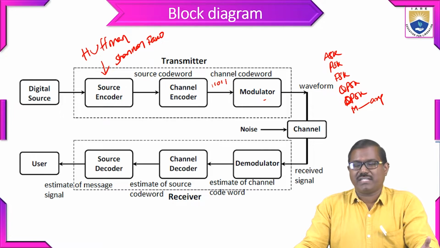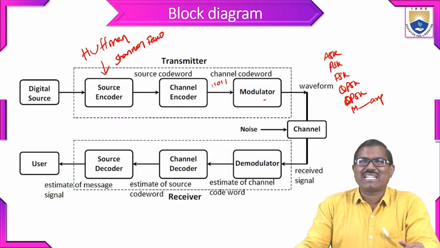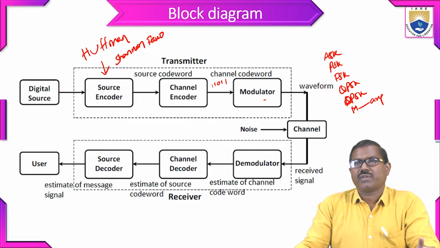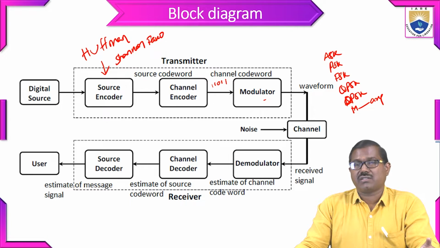The demodulator estimates the channel code word from the received signal, and this is given as the input to the channel decoder. Why? Because I am using a channel encoder at the transmitter, so the reverse operation is done in the decoder.